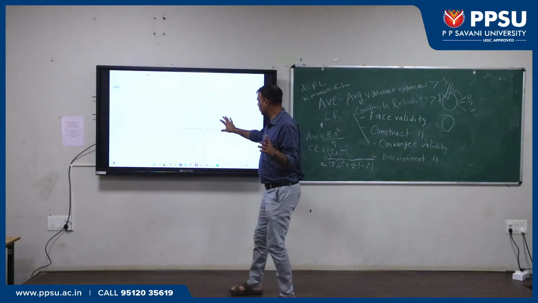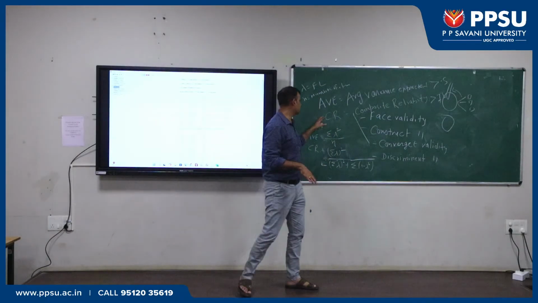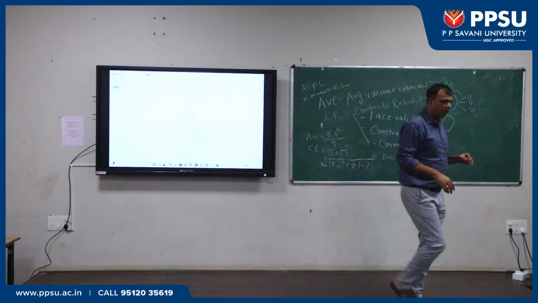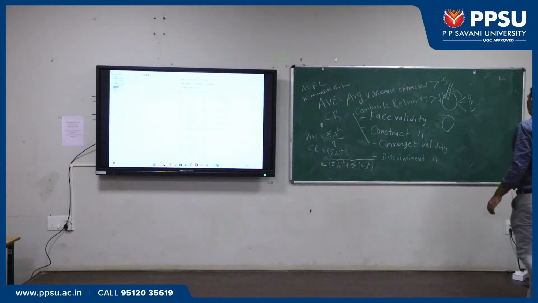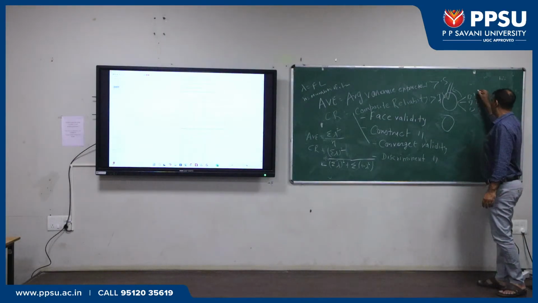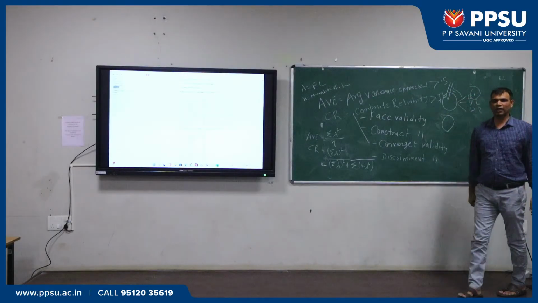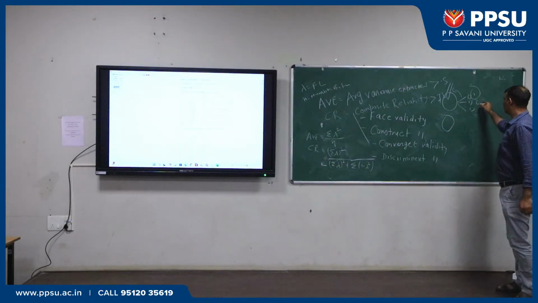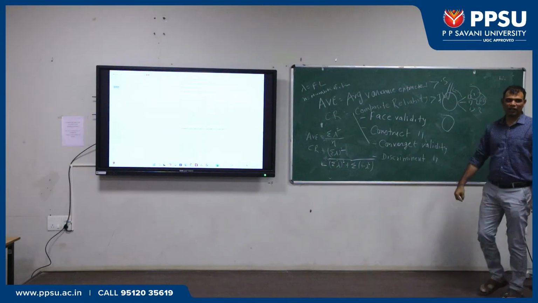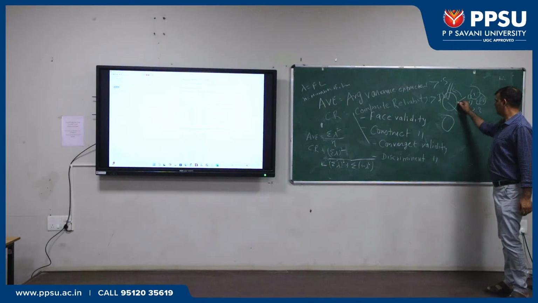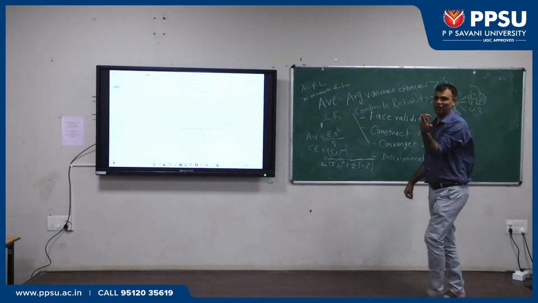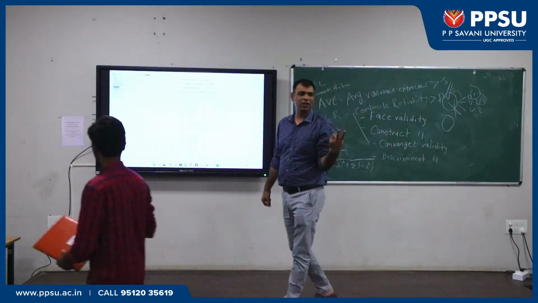You have 3 questions for any variable. For example, I have measured FB1, FB2, FB3. I have 3 items, right? The first item got deleted, not significant. The second item also got deleted, not significant. Then you have to delete the variable, because for a variable you need at least how many questions? 2 questions.